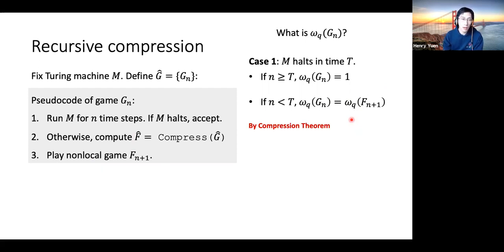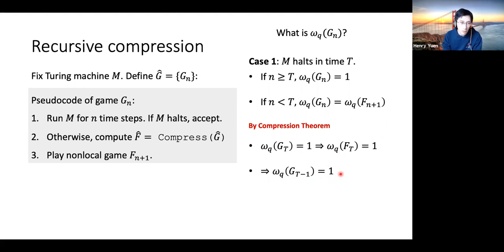Now we want to invoke the compression theorem, which promises us something about F. If you look at G sub t, we know that its value is 1. So therefore, F sub t also has value 1. But you can propagate this fact down to the value of the game G sub t minus 1, and we also know that G sub t minus 1 also has value 1.